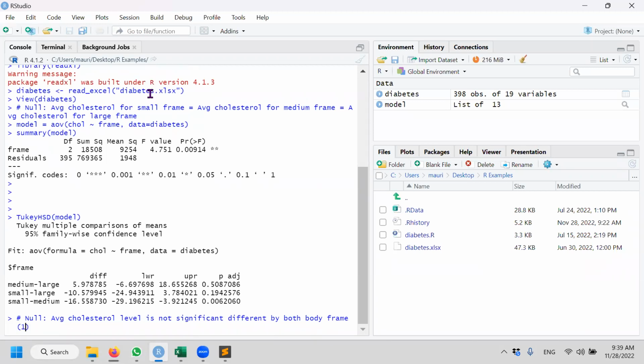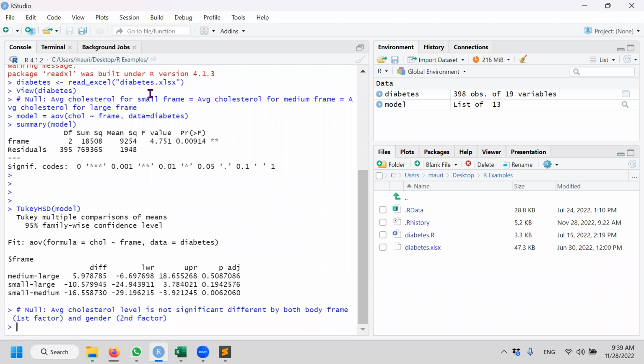So this is one factor already, or rather the first factor, okay, and gender. So gender is the second factor. Okay. So for this, we can do a two-way ANOVA.